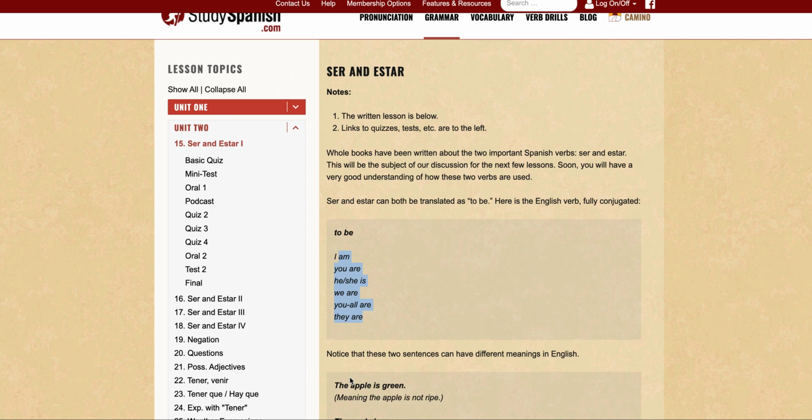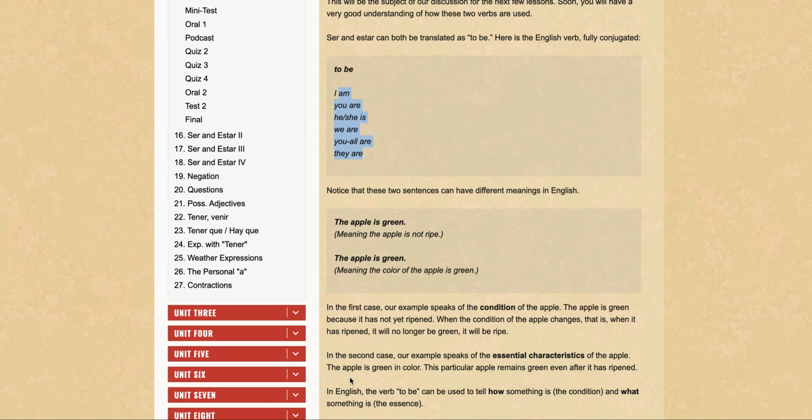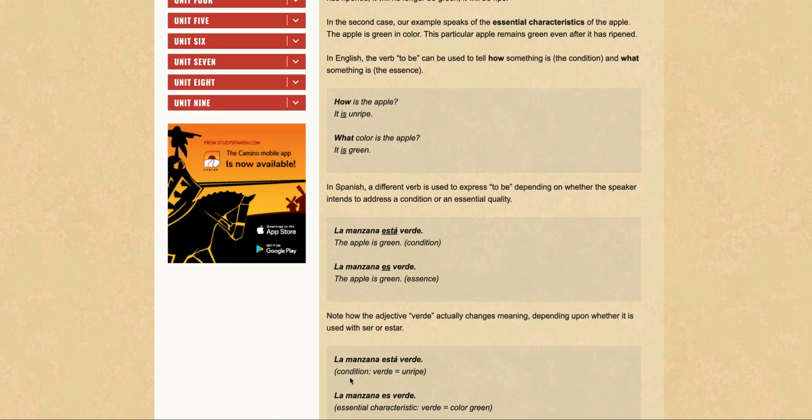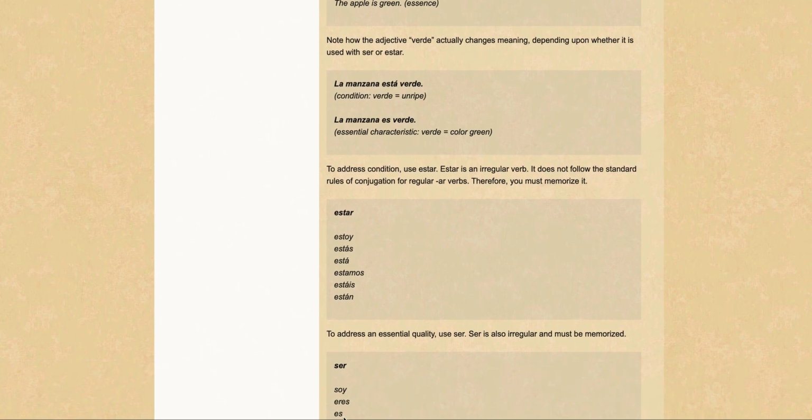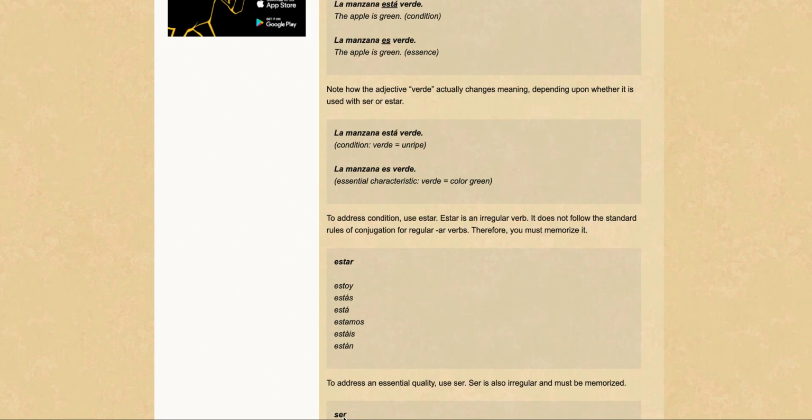Third is he or she, and that is está, él está. You're adding an a, and here is está and es.